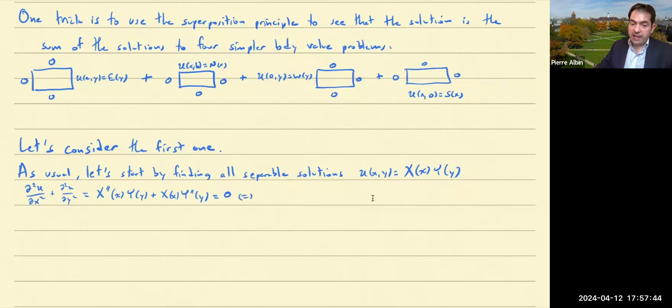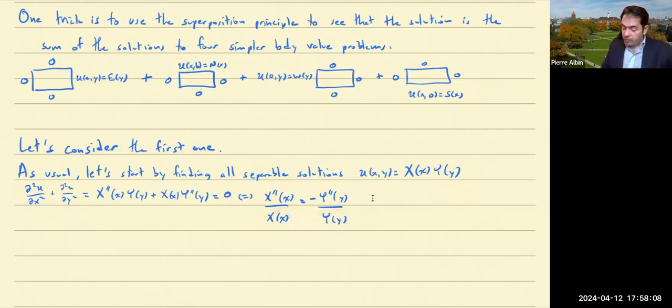So if I put all of the x's on one side and all of the y's on the other, I end up with capital X double prime over capital X is equal to minus capital Y double prime divided by capital Y. I'm only interested in the non-zero solutions, so then X and Y are non-zero and it's okay to divide.